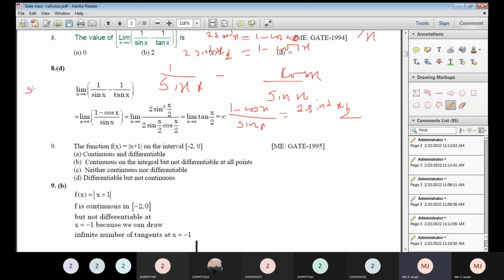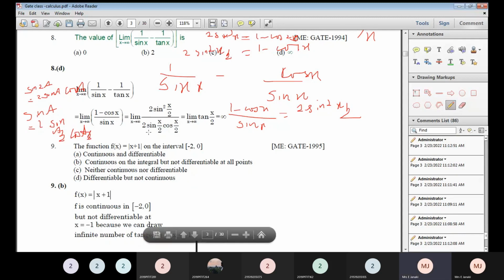What is the sin 2a formula? sin 2a is equal to 2 sin a into cos a. Dividing the angle by 2, we get sin a equal to 2 sin a by 2 into cos a by 2.